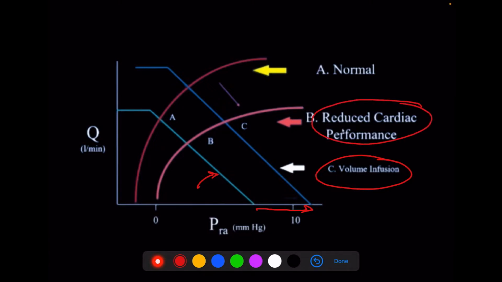This is the normal cardiac contractility curve. So here you had a cardiac output. After giving the volume, your cardiac output increased. However, if your cardiac contractility is reduced, then the increase in the cardiac output is less compared to patients who have a normal cardiac function, given volume infusion.